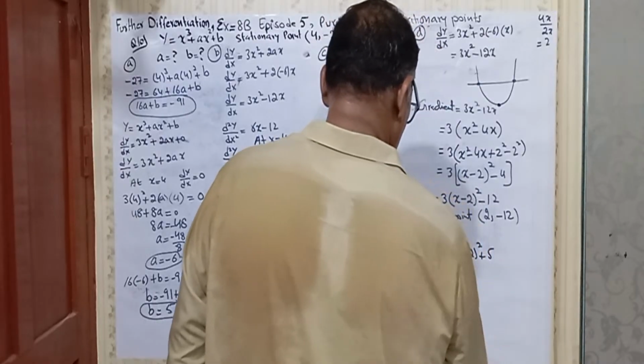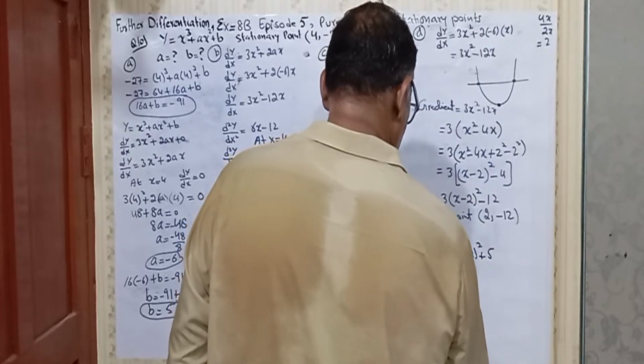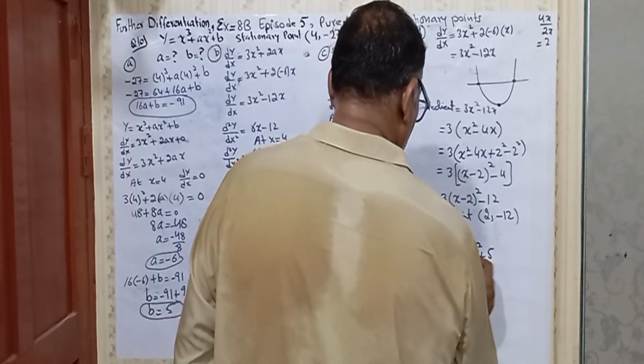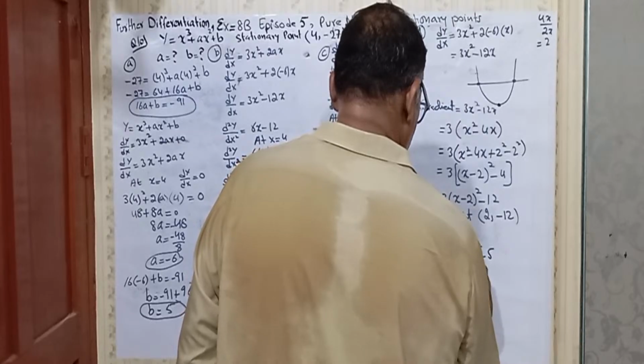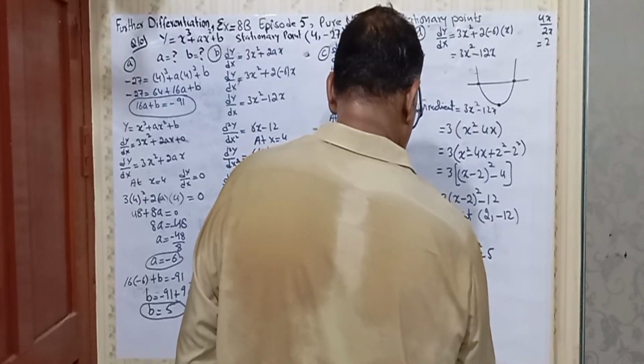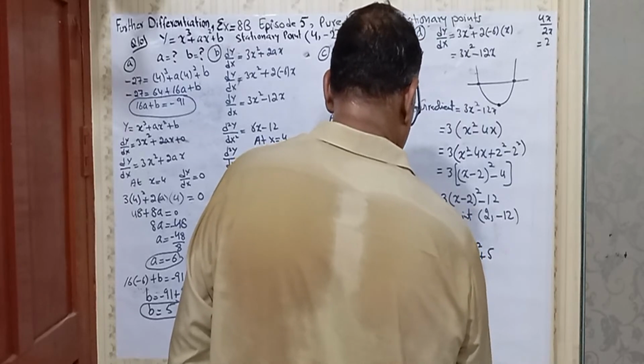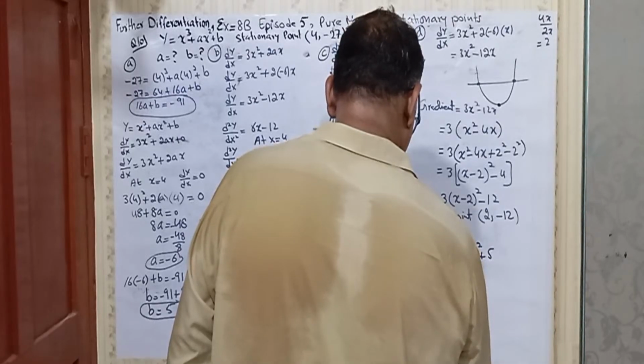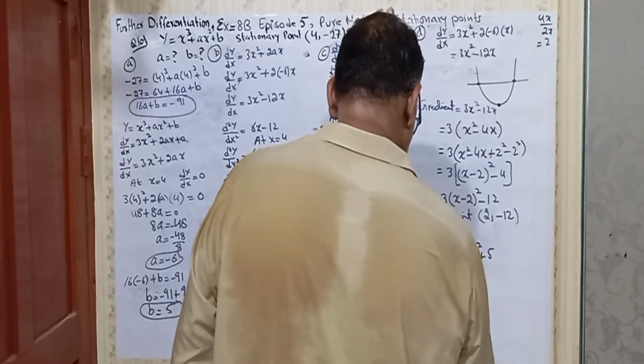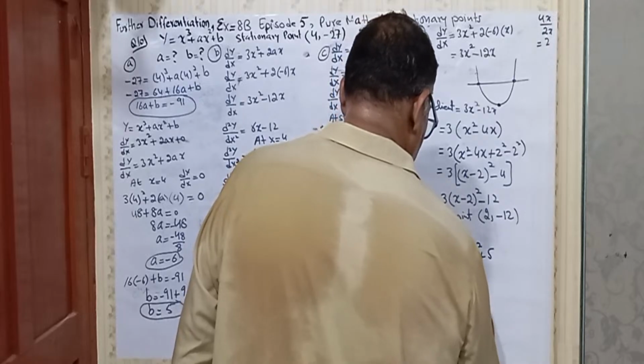So y will be equal to 8 minus 24 plus 5, which is minus 11. So the coordinate of that point will be (2, minus 11).